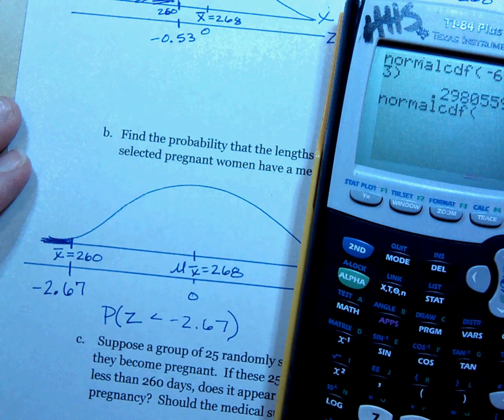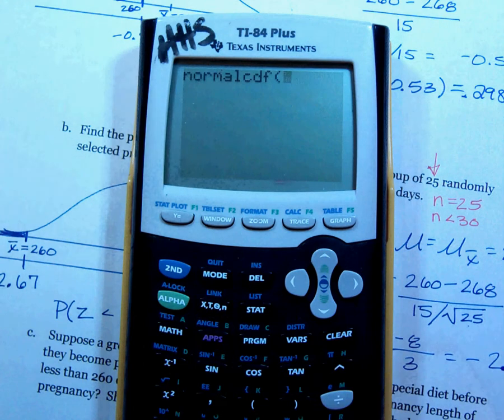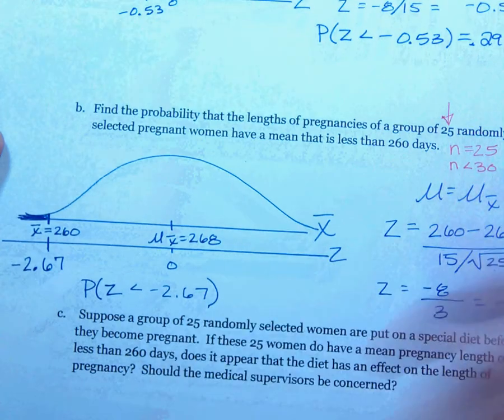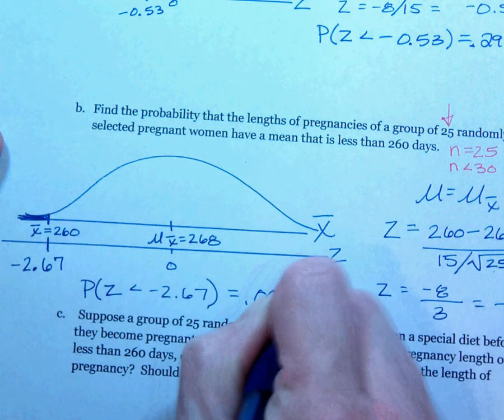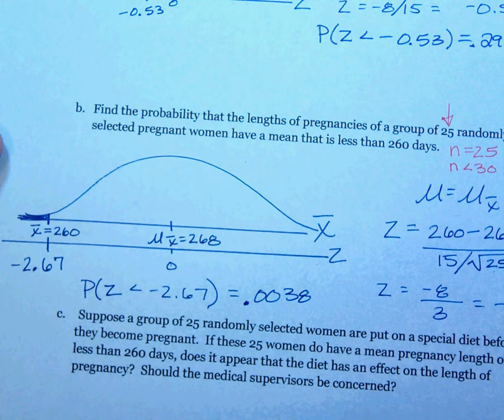So we're just talking about z-scores. So we can go negative 2.67, 0.0038, which is definitely unusual, less than 0.05.